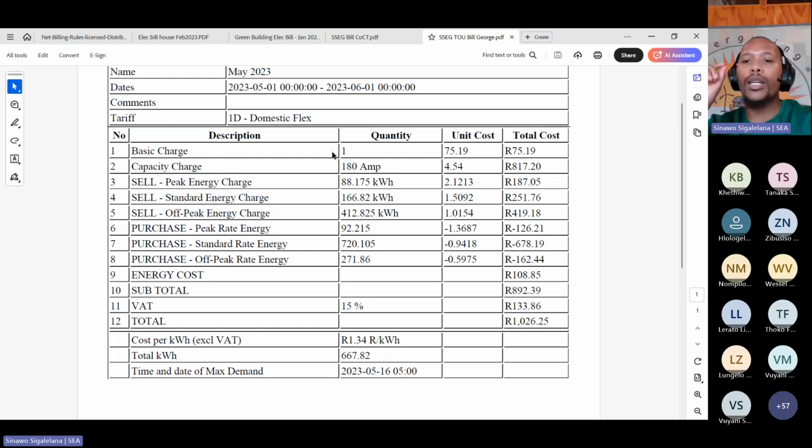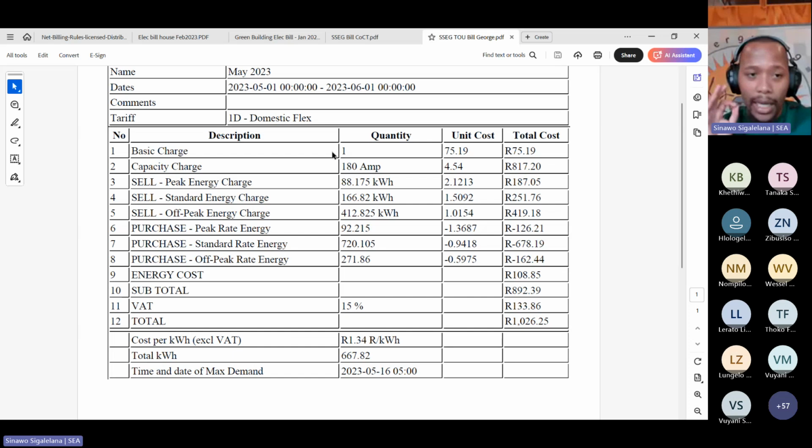How much do I need to recover from each individual customer? So this is where the basic charge is. You charge basic charges in an ideal world to all your customers. But of course, colleagues, we know the reality is that we can't introduce fixed costs to all our customers because of our socio-economic conditions.